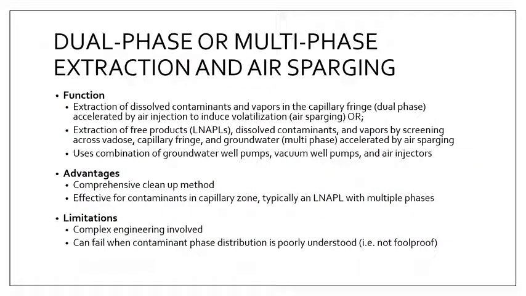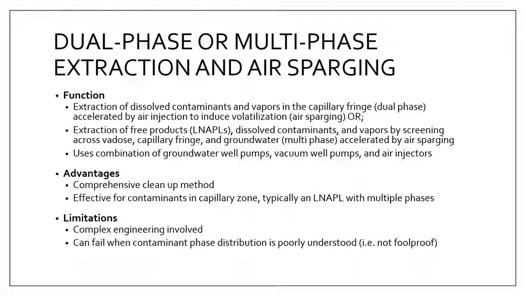Another physical method is the dual phase or multi-phase extraction and air sparging. This is not actually a separate method, but a method which combines different physical methods in order to attain a comprehensive cleanup. What happens here is we are extracting dissolved contaminants in vapors by air injection to induce volatilization.